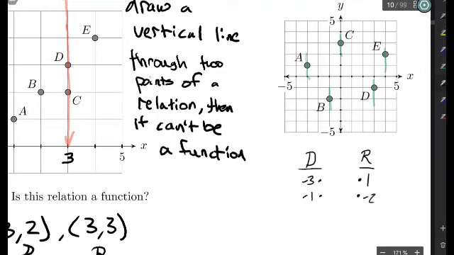Here we have 0, 3. Here we have 3, -1. Here we have 4, 2.